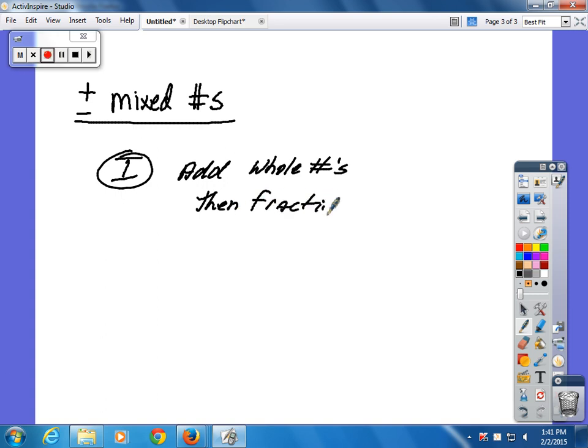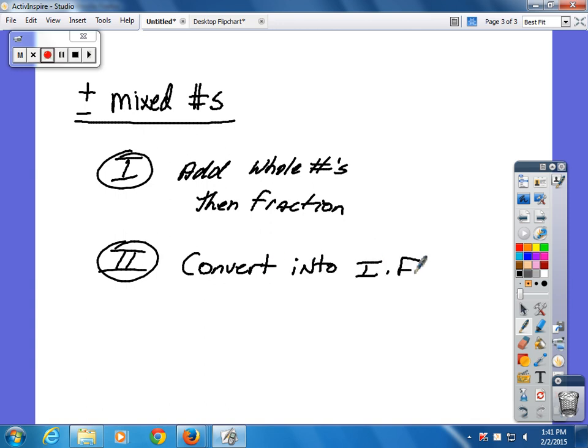The second method is to convert into improper fractions. So we're going to do one right quick just to refresh everybody's memory in case you run into one on homework or the test.